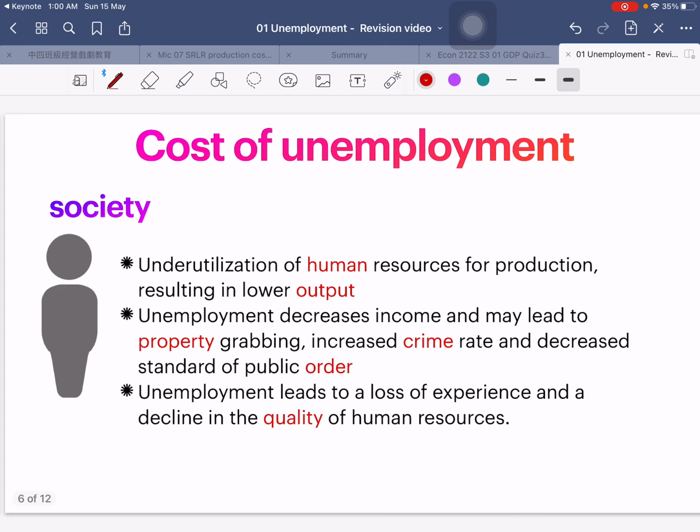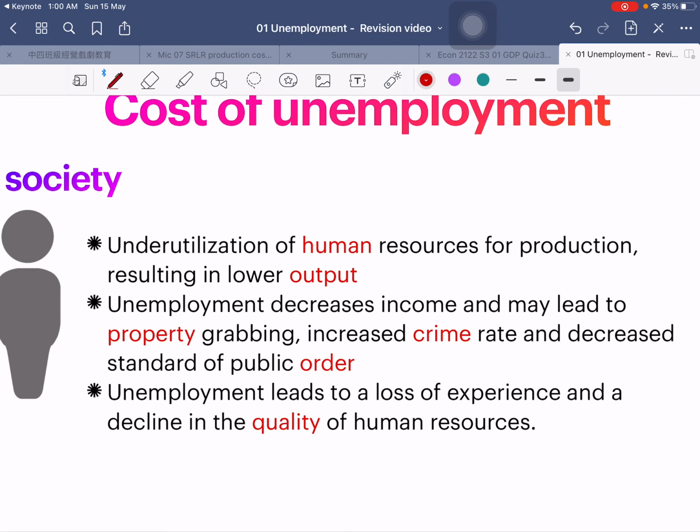Then for the society, simple. From the aspect of society, they will look at the human resources of the society, whether the output can be maximized, whether we can have the most output, and then we can enjoy more goods or services.